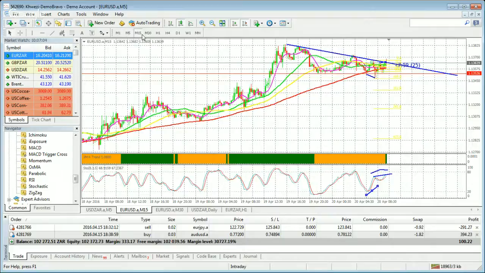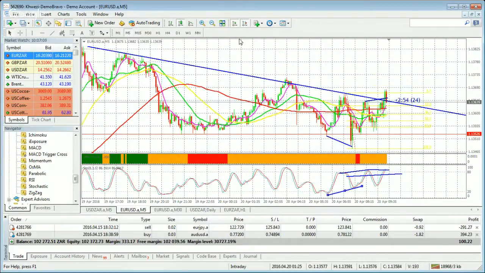Okay, so at this point in time, no setups. Took away anything that we could have had with divergence. We'll basically just wait for a more appropriate type of entry. Had one trade, was a loser.